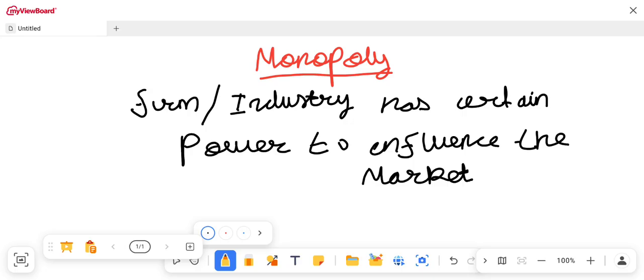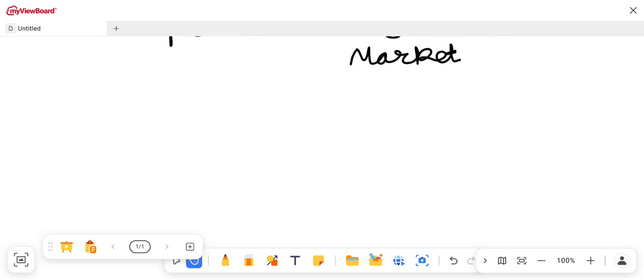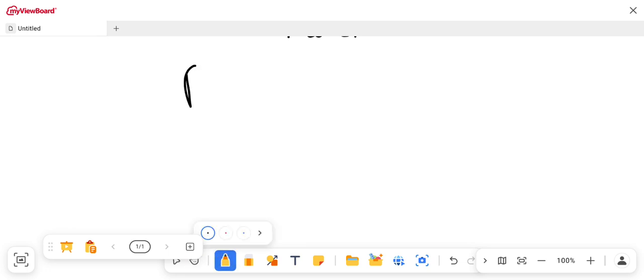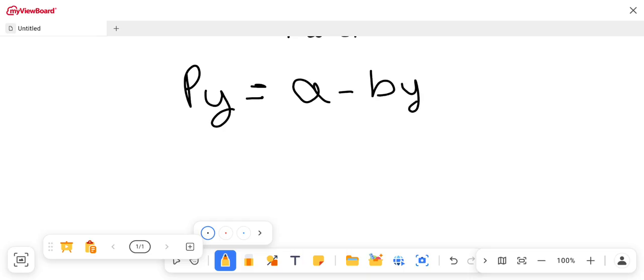Now before moving ahead, we will derive it, okay? So we will take Py equals to A minus By. Okay, so to derive the monopoly equation, we need to just remember that we will take Py equals to A minus By.